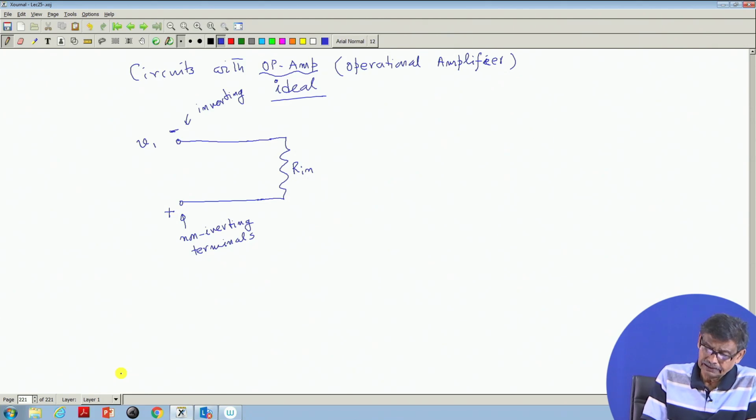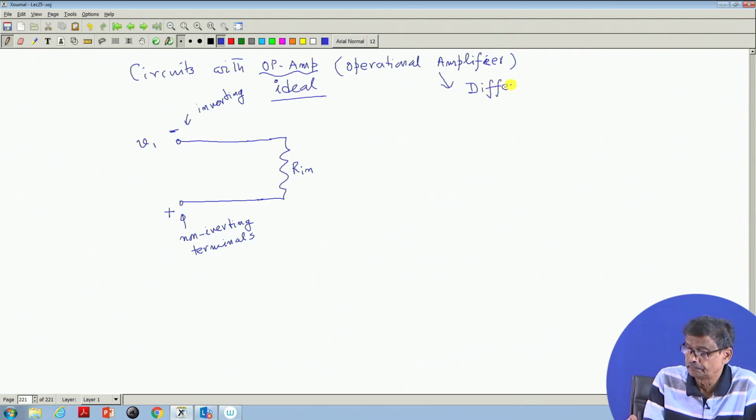Now, what an op-amp is, actually, is called a differential amplifier.